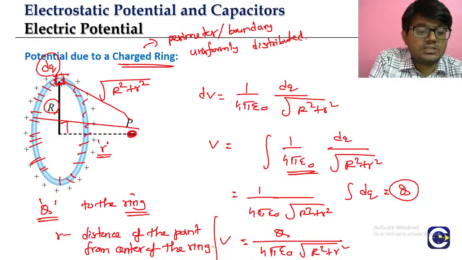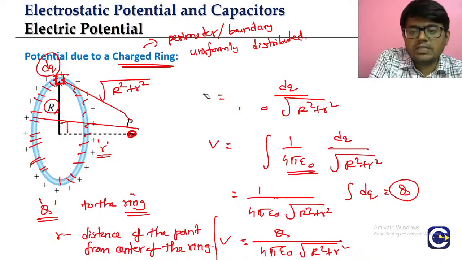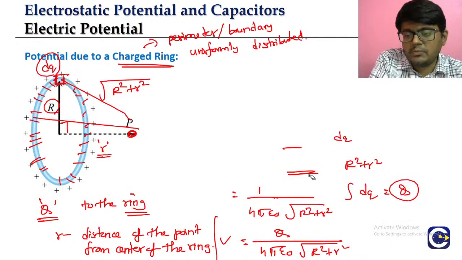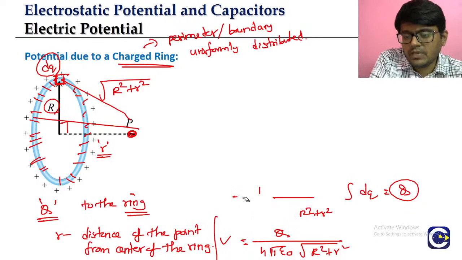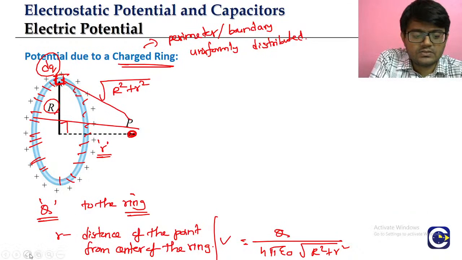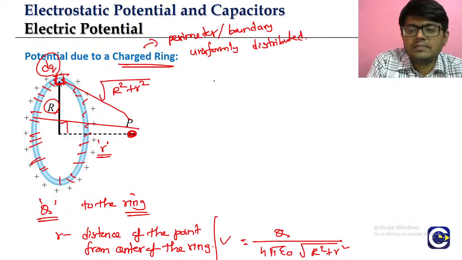So this is the potential due to a uniformly charged ring, at a point on the axis of the ring. We just have to remember all these formula results, because we will mostly get straight questions based upon the formula.